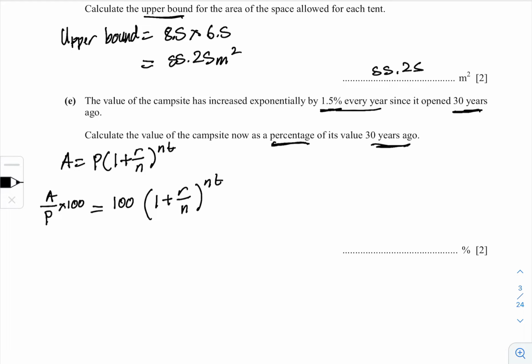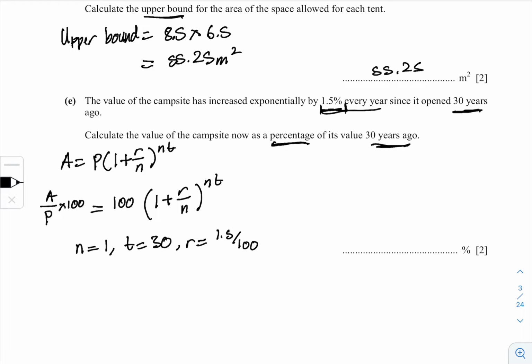So using the information given in the question, N equals 1 because it's paid every year, T equals 30 because it's 30 years, and R equals 1.5 over 100 because it increased exponentially by 1.5%.